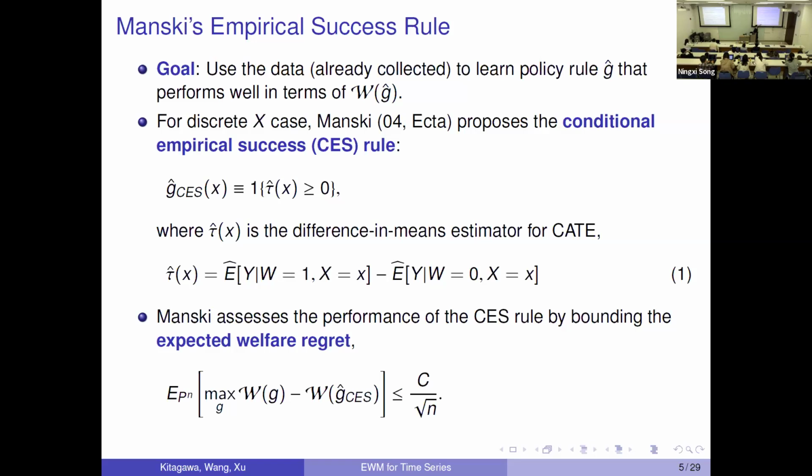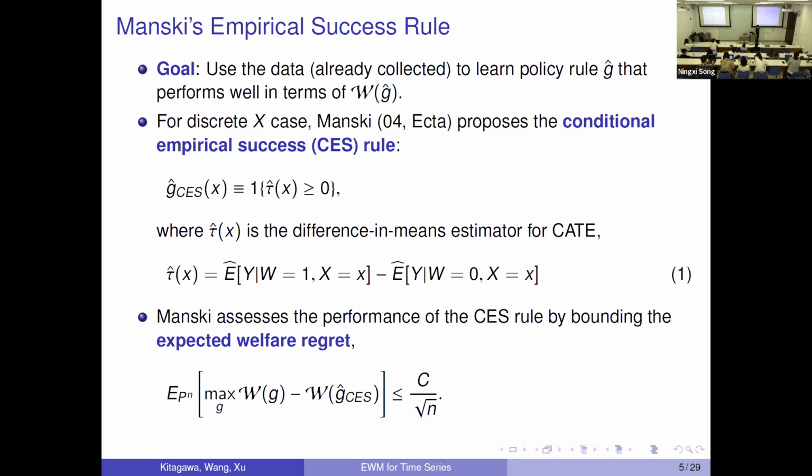And then Manski assesses the performance of this rule by bounding what we call the expected welfare regret. How to interpret that? Basically, this is the welfare, and this is the infeasible maximum welfare. The best policy is here, but we don't know what the best policy is. So this maximum cannot be beaten. And this is the welfare evaluated under our proposed policy. Therefore, this one could be smaller than that one, but they have some difference. This difference is called the welfare regret.